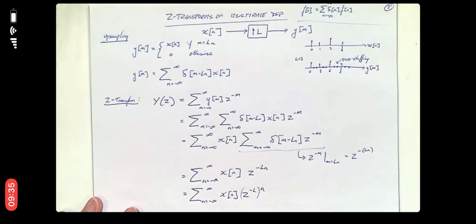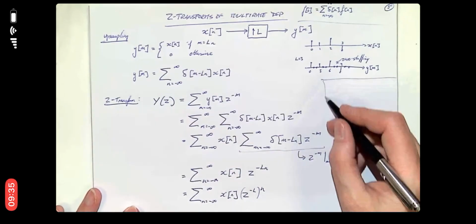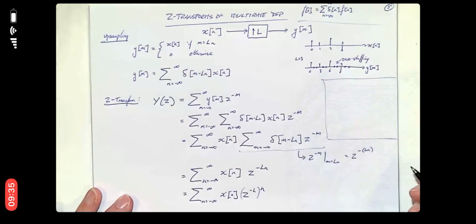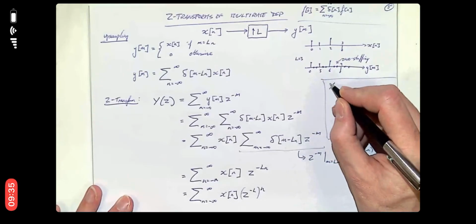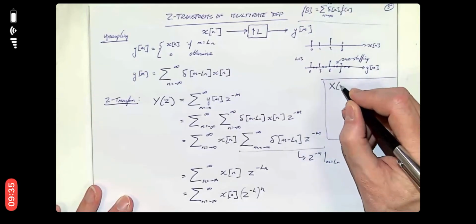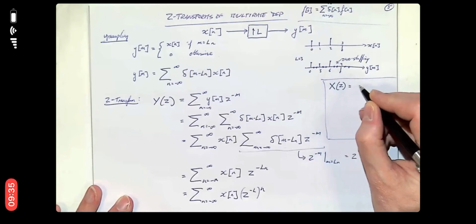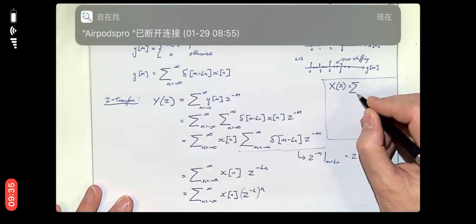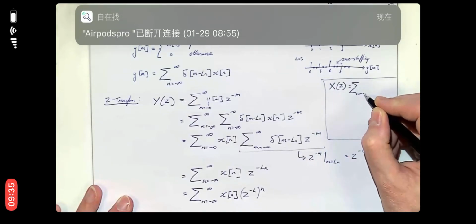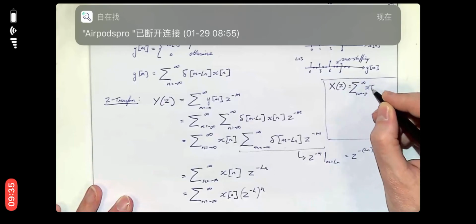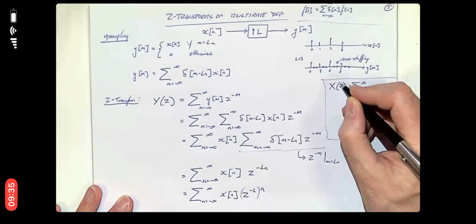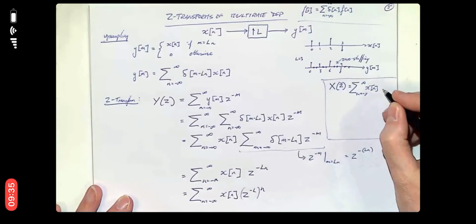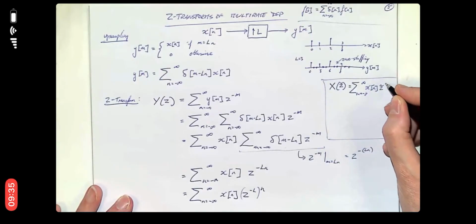Now this looks sort of like it could be something familiar. Let's just take a corner out of this page here. What's the Z transform of x of z? That is the sum from n equals minus infinity to infinity of x of n z tilde to the minus n.